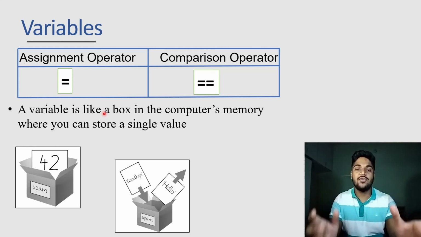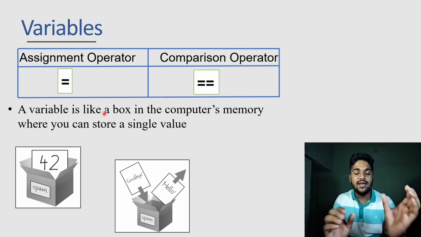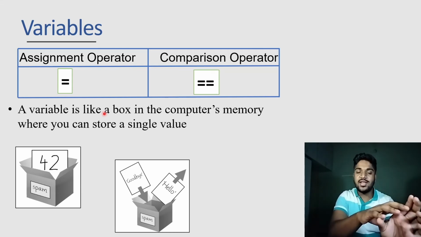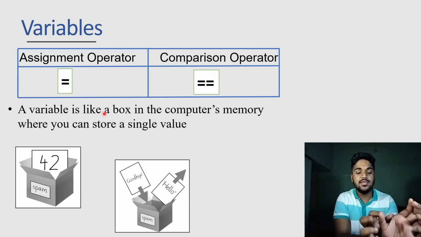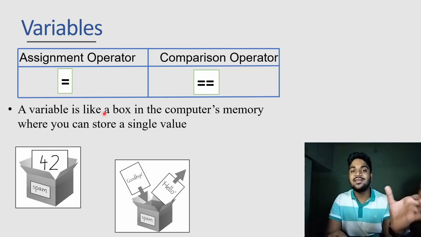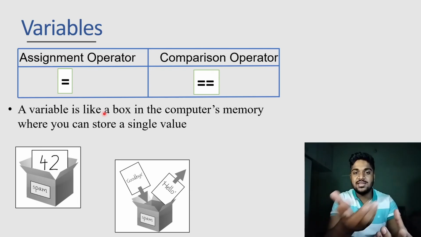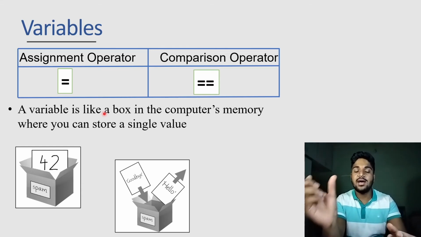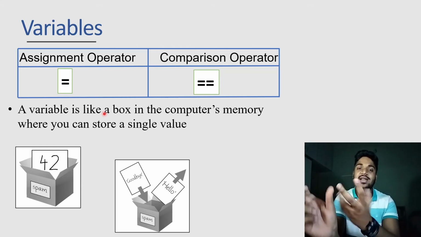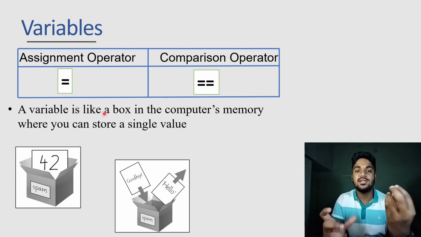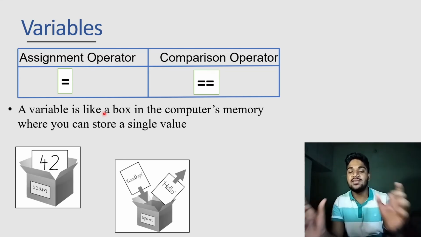So for example, let's say I have two boxes, and I have named this box so that I'll understand what that box is. Let's say I have named this box "my", so I will understand this box belongs to me, and inside that I can put something that belongs to me. And if I have another box, I will write the name as "my friend", and my friend will keep all the things regarding him in his box.